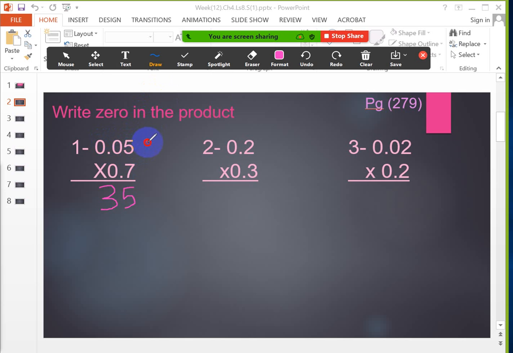Here I have 2, and here I have 1. That means the number of digits after the decimal point equals 3. Now, you know that the decimal point always will be here next to the number on the right side. I have to move it to the left side. Number 3. That means I have to move it 3 digits.